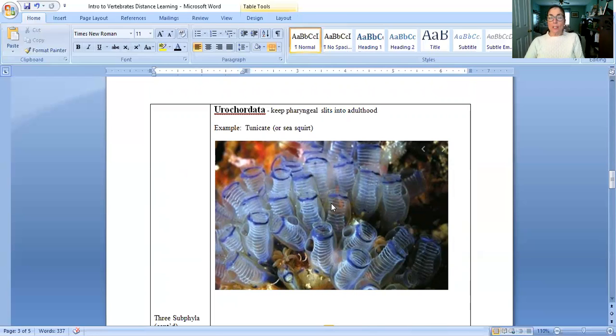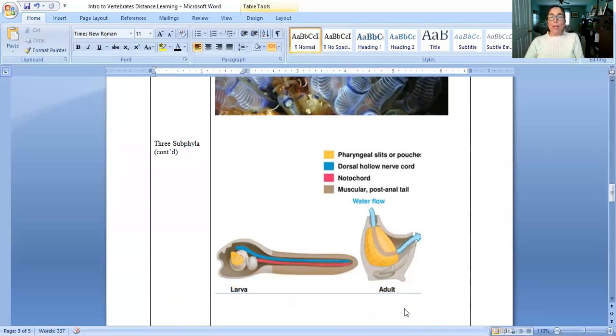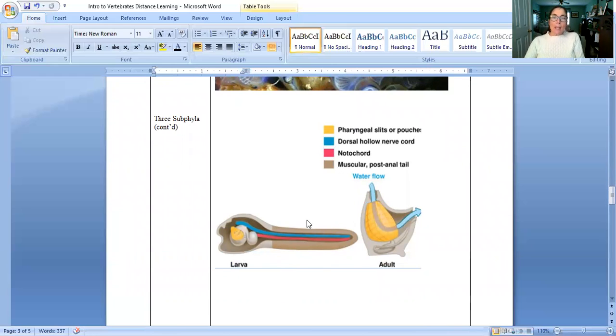These are tunicates or sea squirts shown here. In the larval stage of the sea squirt, you'll see the nerve cord, the notochord, and the pharyngeal pouches. But when the sea squirt becomes an adult, it loses the nerve cord and the notochord, but keeps the pharyngeal pouches, which develop into slits that filter the water as it comes through their bodies.